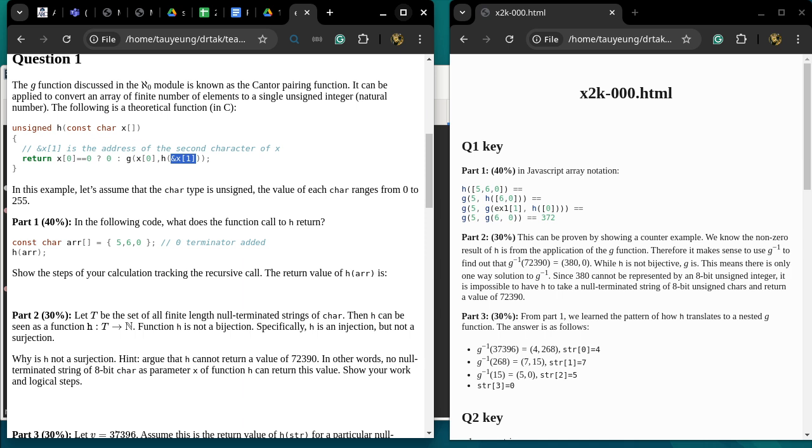If you want to share. Okay. And I think the key is to understand what this notation is.